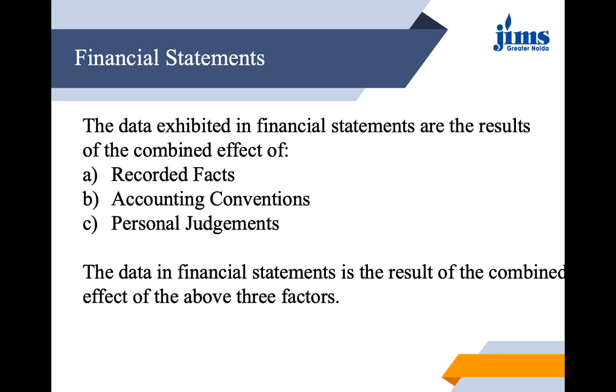You have studied that in financial accounting in detail. And personal judgment is very important. I just talked about how the transactions are being recorded, and with what perception is again important. So data in the financial statements is the result of the combined effect of these three factors.